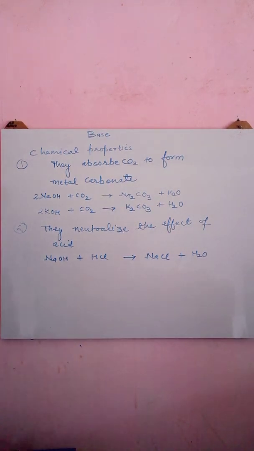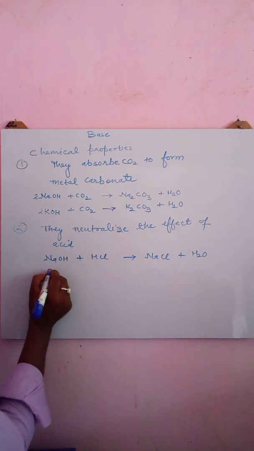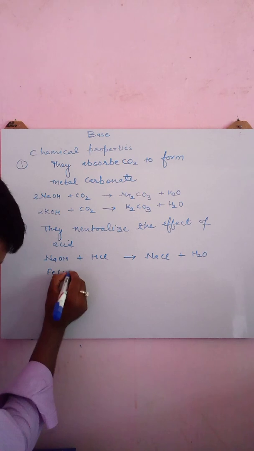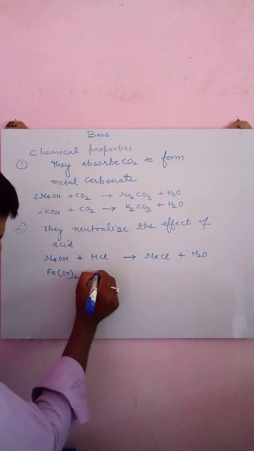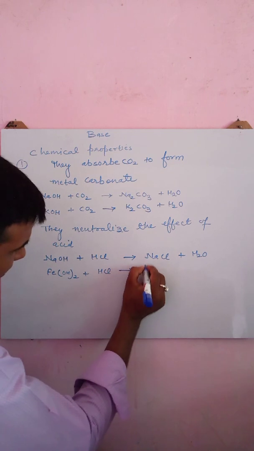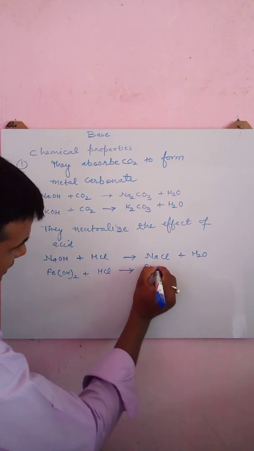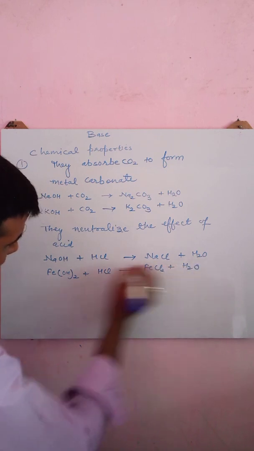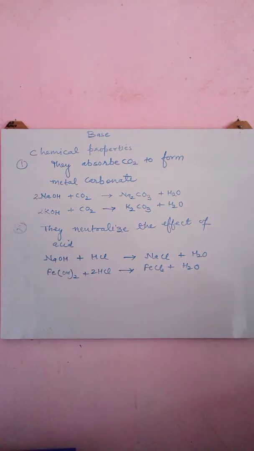One more example: iron(II) hydroxide neutralizes the effect of hydrochloric acid to form FeCl2 plus water molecule. Stoichiometric coefficient 2 you have to put here. Right? So this reaction is a neutralization reaction.